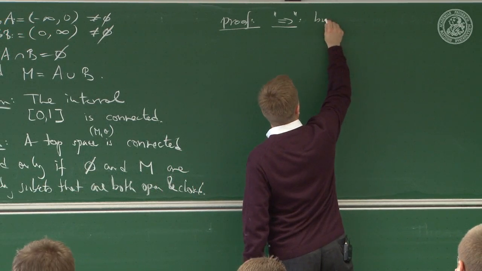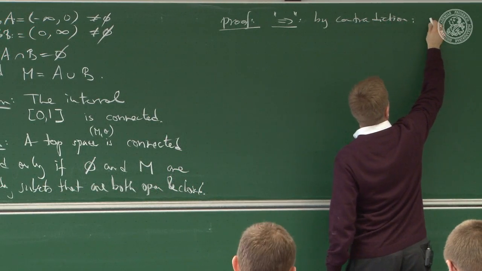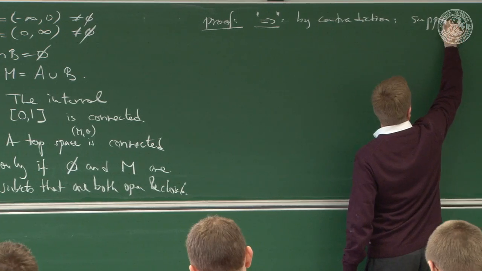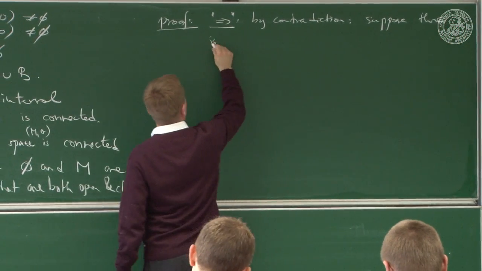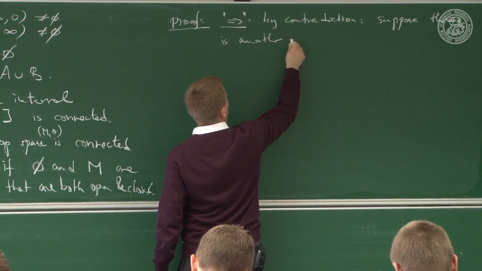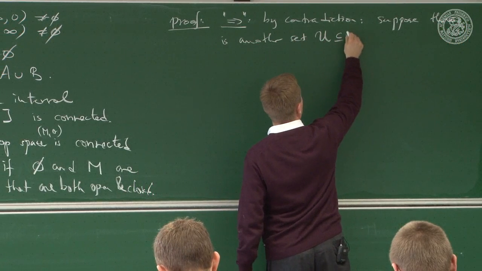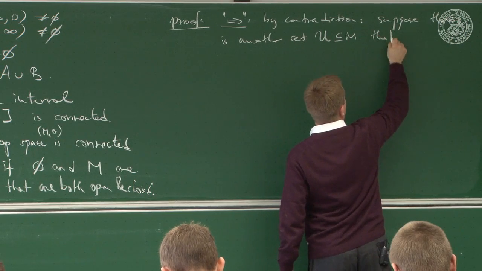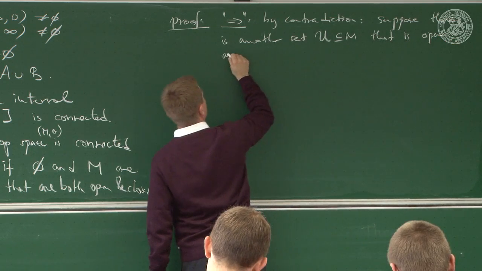So let's do this by contradiction. Suppose there is another set U, subset of M, that is open and closed at the same time.